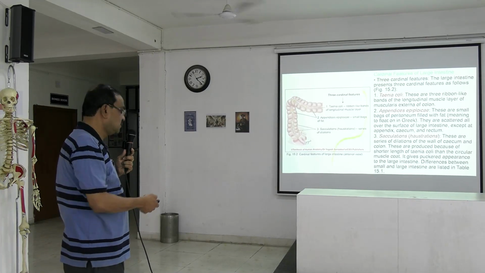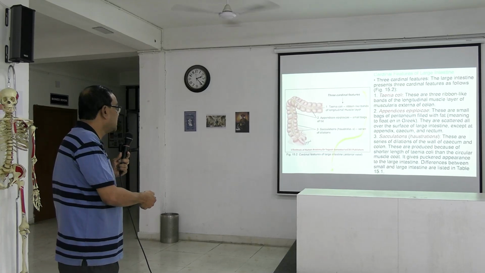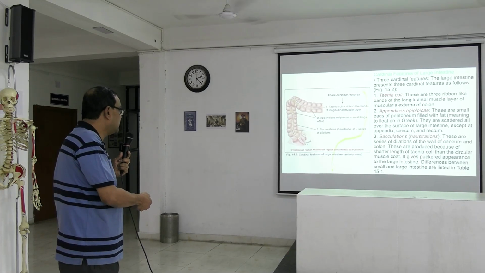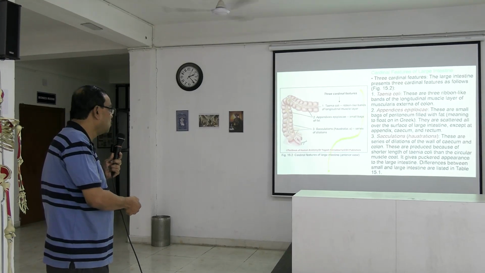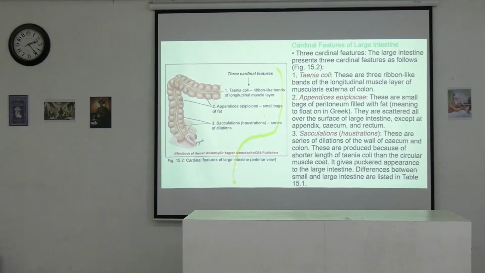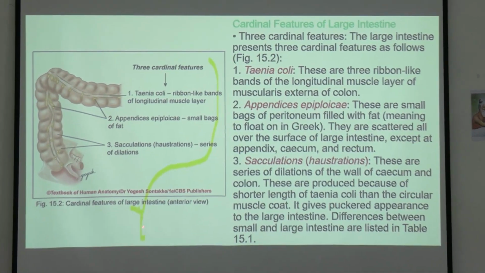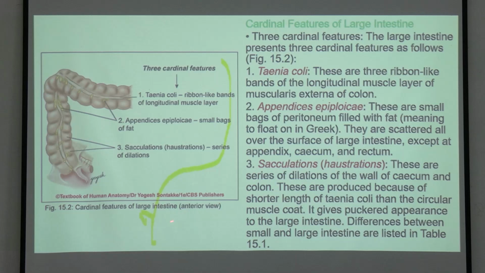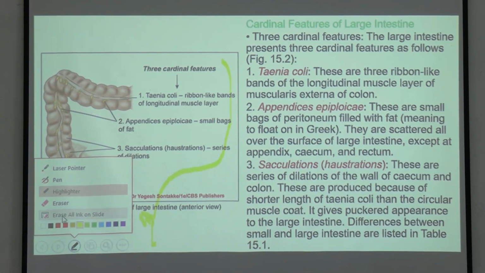As you can see, this is the descending colon. Then it is continued as an S-shaped colon, called the pelvic colon or the sigmoid colon, and from the third piece of sacrum, it is continued as the rectum and anal canal.